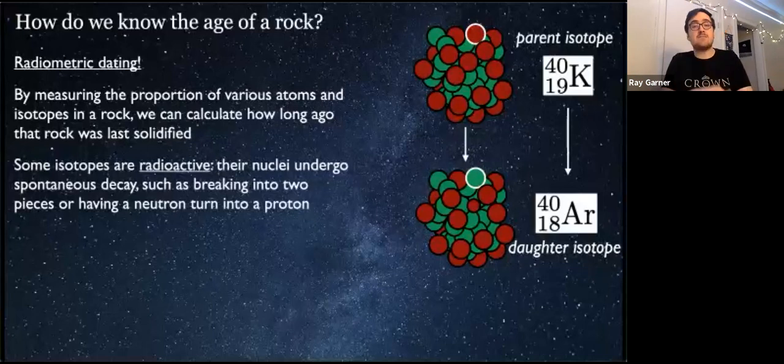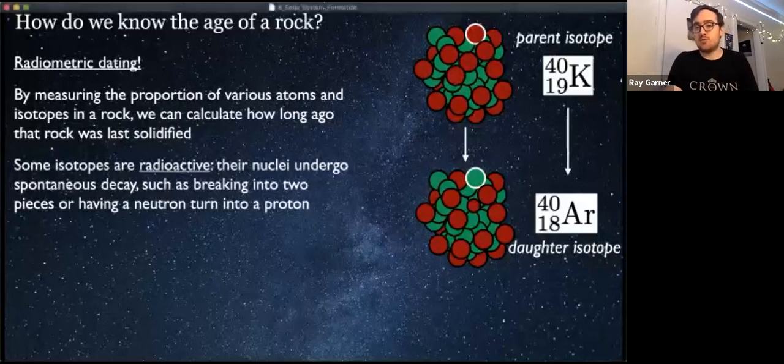In the case of potassium 40, I've highlighted a red proton. That red proton will spontaneously change into a green neutron. And so we lose the 19, but we add a neutron. That doesn't change the atomic mass number. So we go from potassium 40 to argon 40.